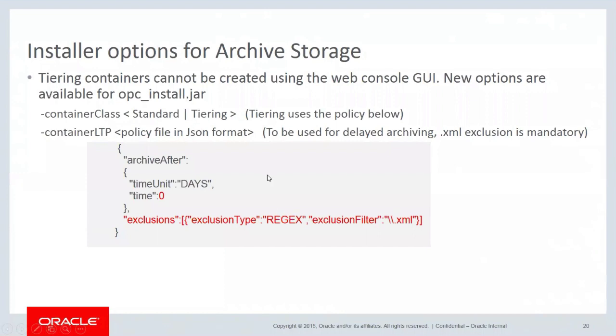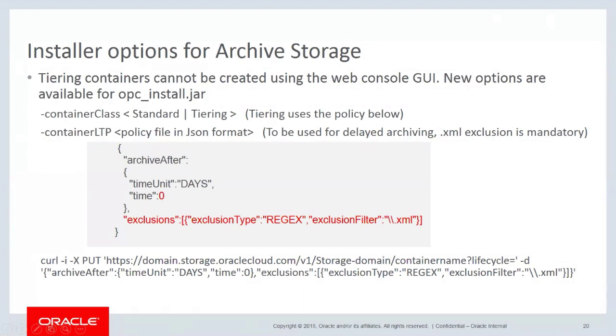Again, this is the reason why we only support tiering containers, and we need to have this exclusion in place. If you go to an archive container, it would archive everything, including these XML files, and Arman would not be happy about that. This is a default policy: archive after days 0, which means archive immediately.